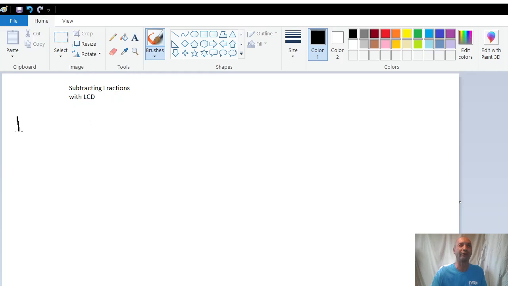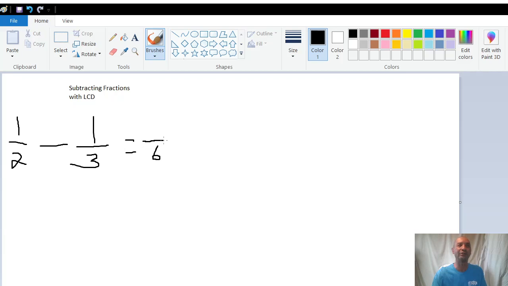Once again, we'll just start with the 1/2 minus 1/3, and the lowest common denominator is 6. So you're going to have 6 in the denominator.